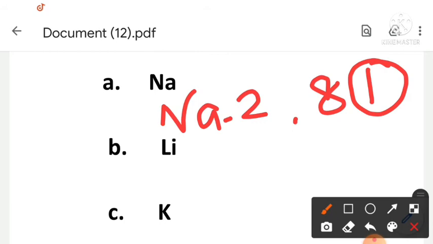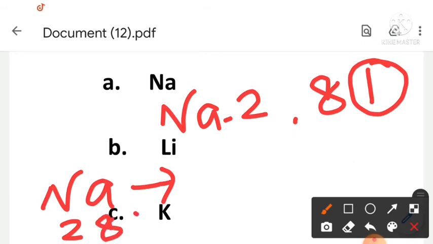In this way we solve one by one. Now we chemically derive it. Sodium, if it loses 1 electron, then it becomes a positive ion.